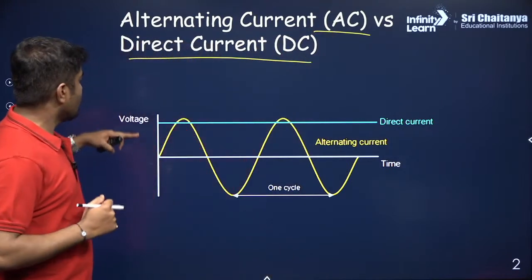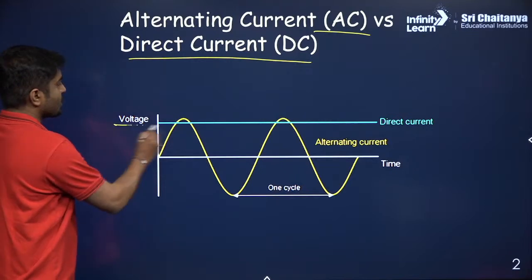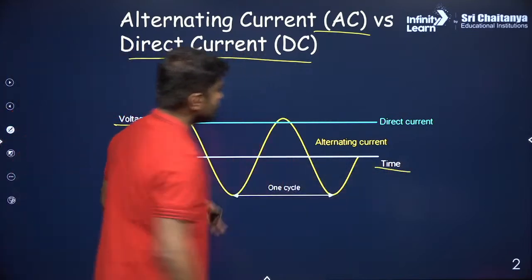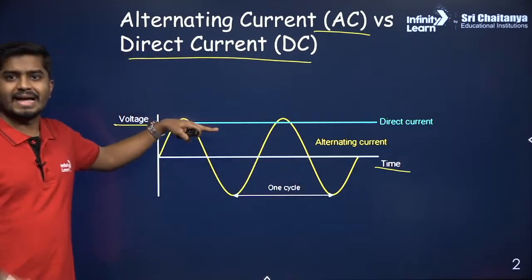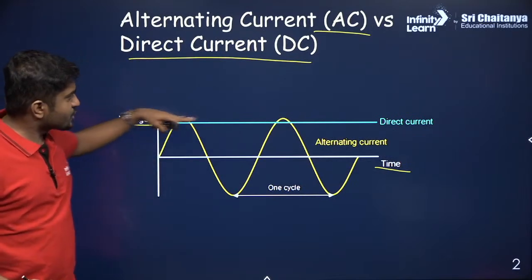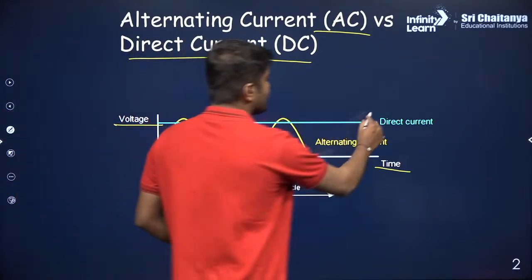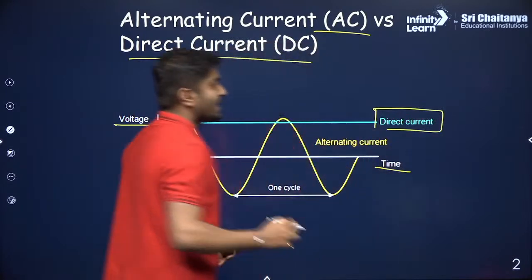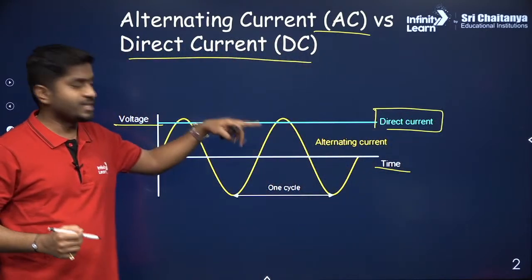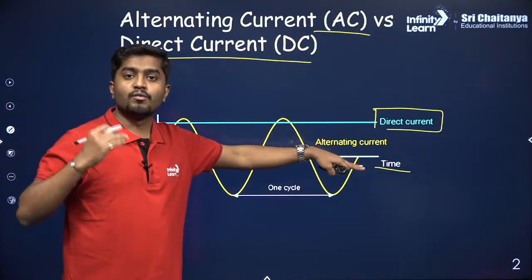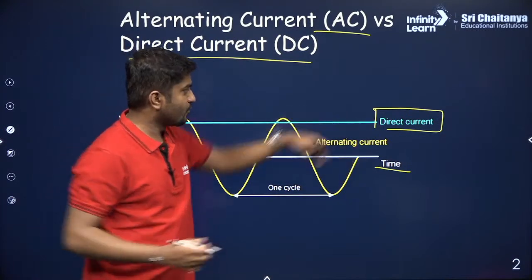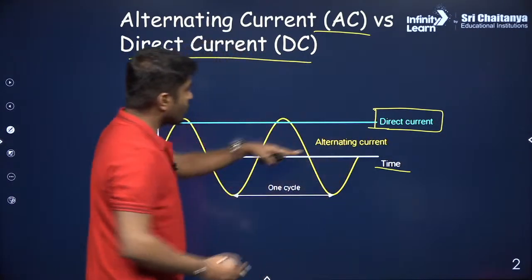Now there is a graph of voltage versus time. What do you see here? Any difference? This constant voltage is our DC, direct current. Direct current has a constant voltage, so with respect to time, voltage does not fluctuate for DC. And how is it for AC?